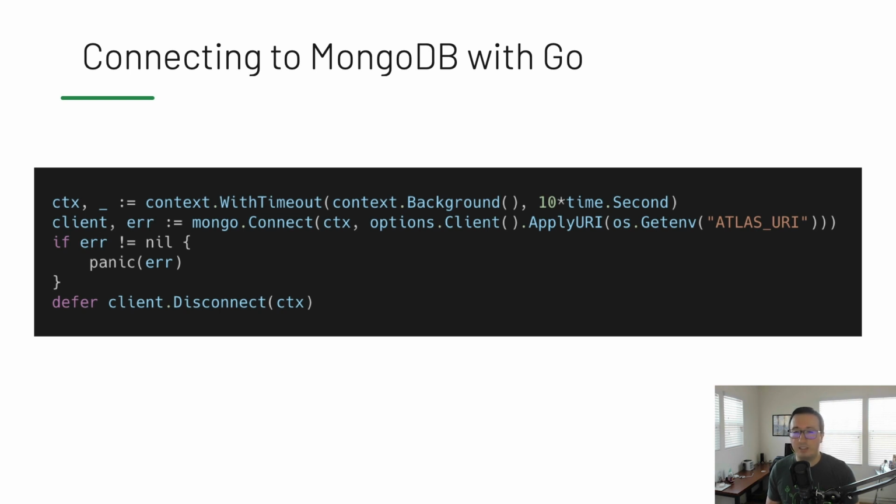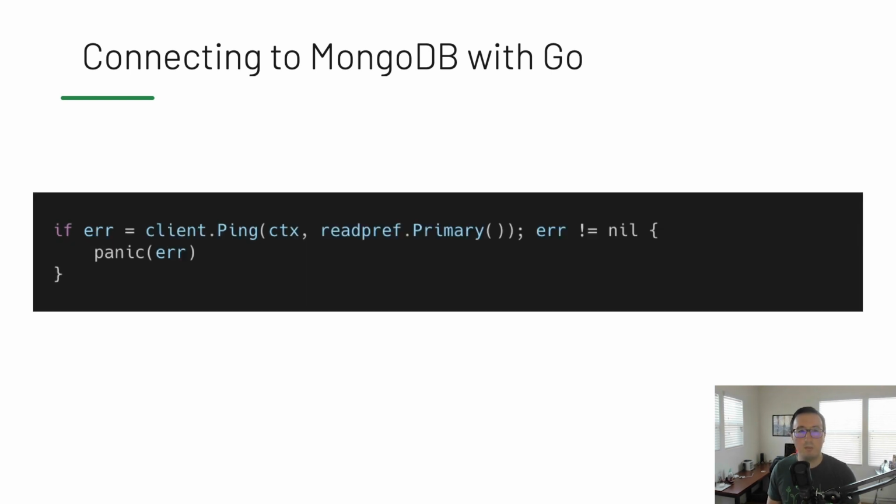And that would be the Atlas URL that includes the username and password, my unique URL string, anything that's part of that particular URI. If there's any kind of error, we're going to panic and end. Otherwise, we wait until the function terminates and then defer to disconnect this particular MongoDB client.